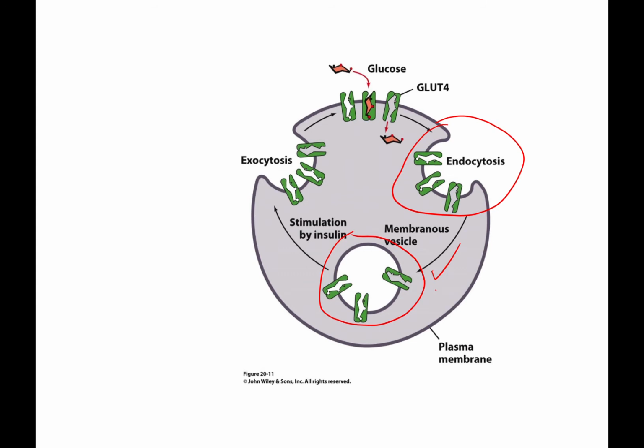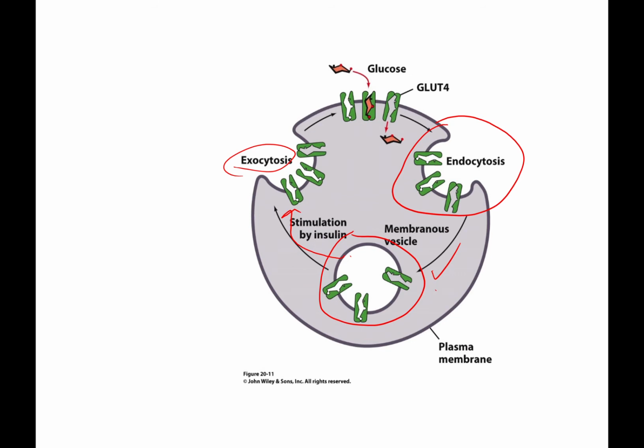Well, part of what insulin does is it causes these vesicles that contain the GLUT4 transporter to fuse with the cell membrane. This process is called exocytosis. We talked about how SNARE proteins can be involved in this, for instance, causing the fusion of a vesicle membrane with the plasma membrane. So a lot of those same proteins that we've talked about previously will be involved in this process.